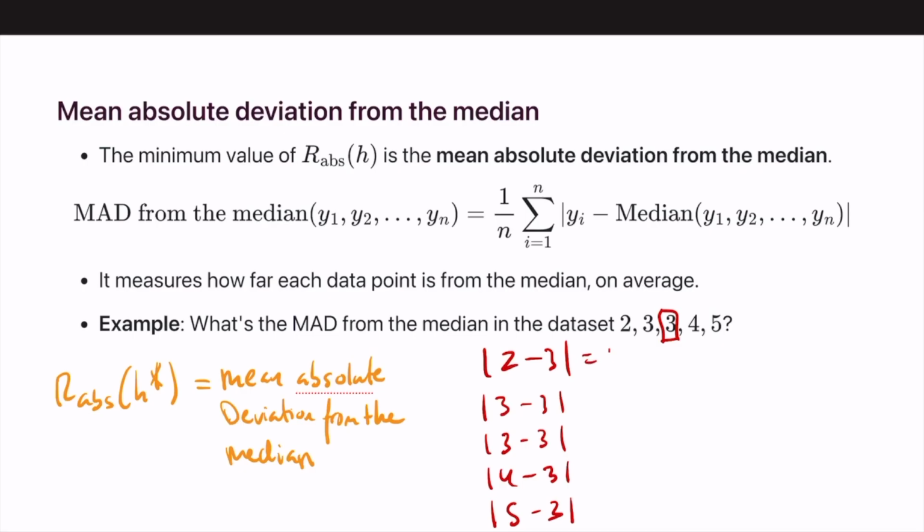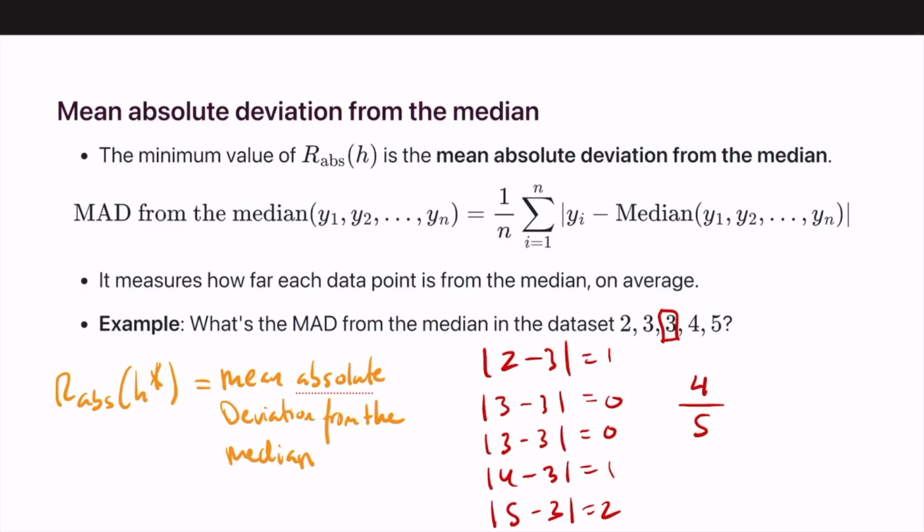That gets us 1, 0, 0, 1, and 2. Adding those up, 1, 2, 3, 4, we get 4/5, and 4/5 is the mean absolute deviation from the median. So what that says is, on average, each of our data points is 4/5 units away from the median. That's what we're talking about here.